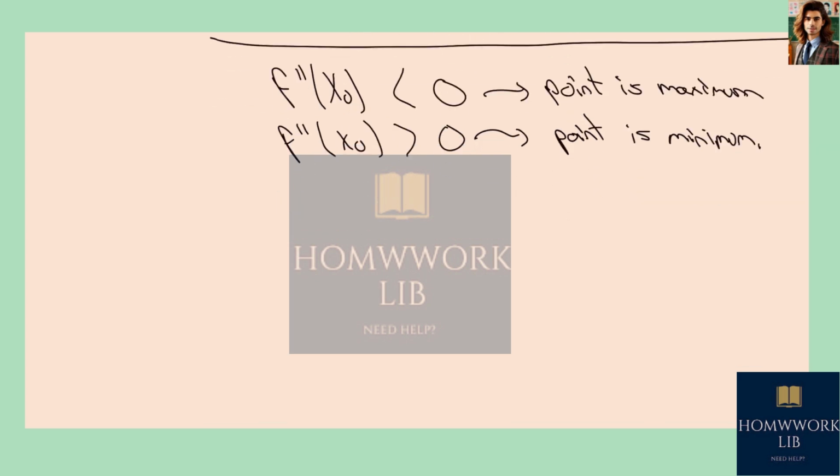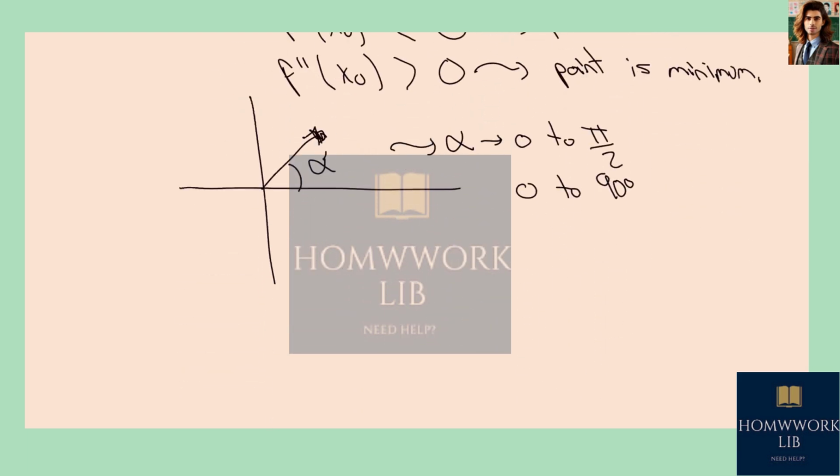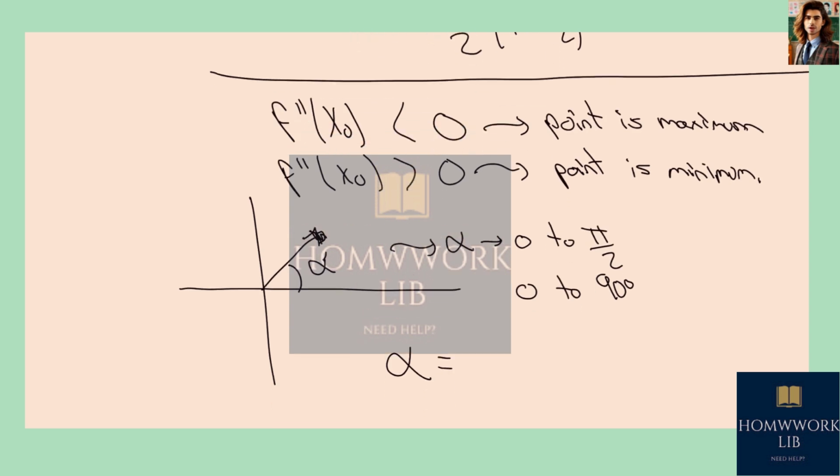In addition, we can simplify our result a little by noticing that we are within the first quadrant. So the values for alpha that we're going to consider are from 0 to pi over 2, or from 0 to 90 degrees. Let's repeat the formula, n pi over 2 times 1 minus 1 half.